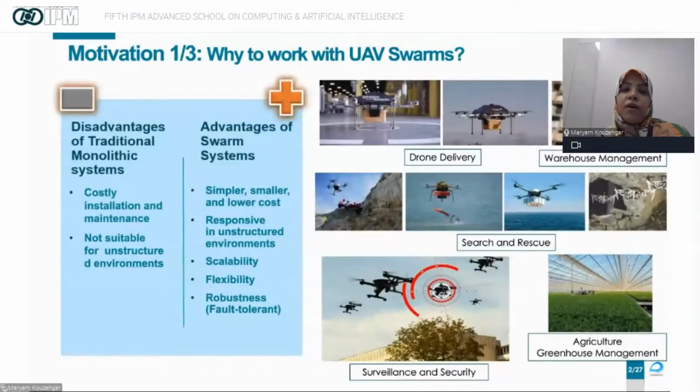The swarm framework is more responsive in unstructured environments because it's scalable to any number of agents. It's flexible in the sense that they can adapt themselves to changes in the environment, and also they are robust in the sense that if one of the agents fails to operate, the rest of the swarm can compensate for this loss and can continue the task.